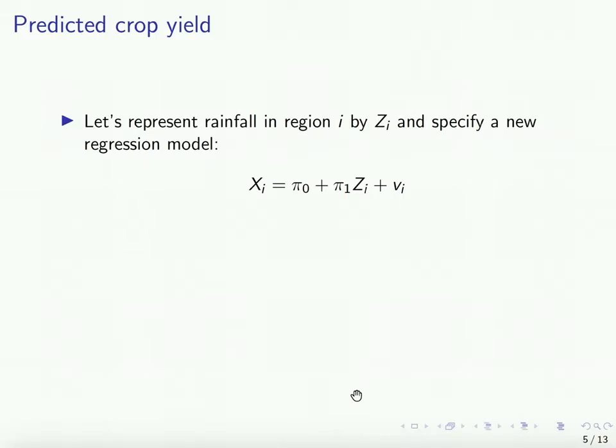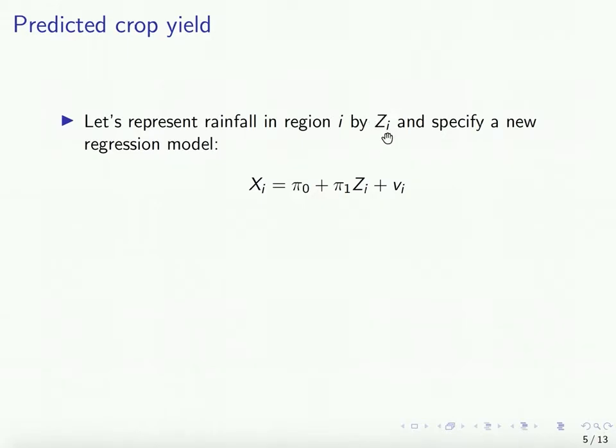Let's represent this mathematically. First, we're going to look at an equation in which our dependent variable is what used to be our independent variable. Our dependent variable here is going to be yields, measured in tons of whatever crops, it doesn't matter. Yields is now our dependent variable instead of being our independent variable.